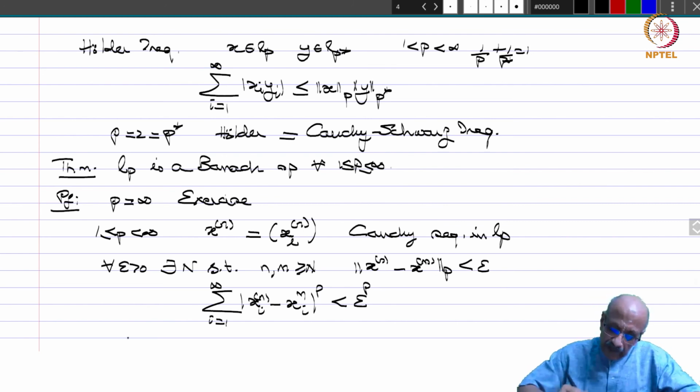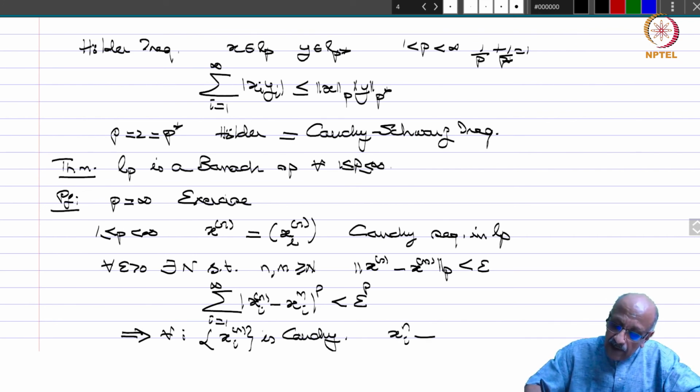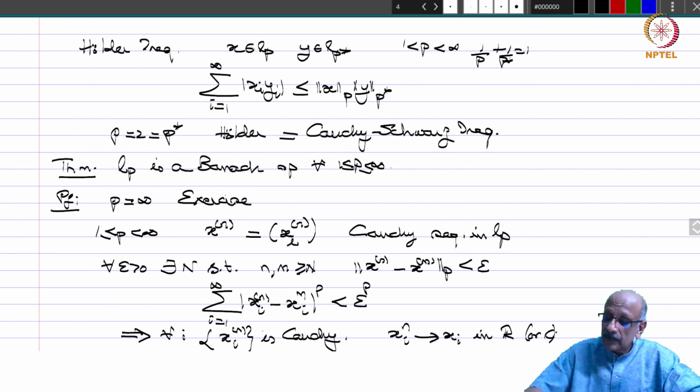So this implies for each i we have that x_n^i is itself Cauchy, and therefore you have that x_n^i will converge to some x_i in R or C. If you are looking at complex sequences, this will be C. Okay.